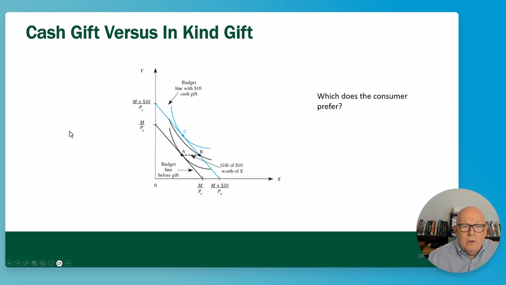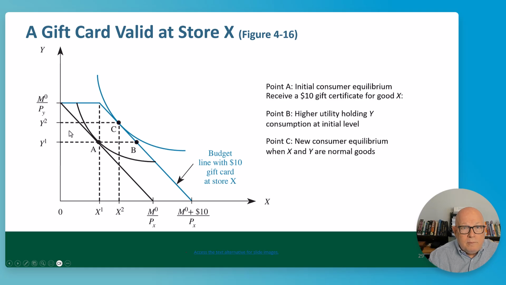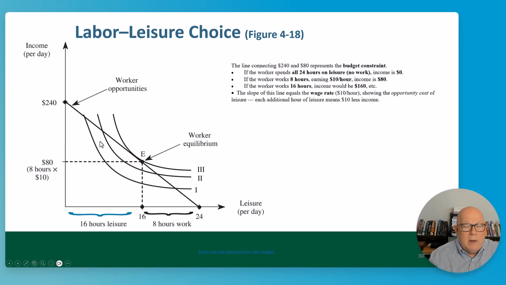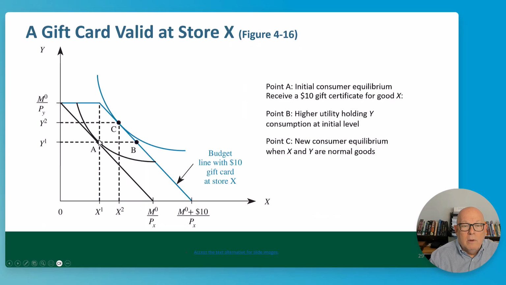On the other hand, we could offer them a gift card, but they have to use the gift card at our particular store. If we're going to offer them the gift card, then we're going to shift the budget line from this black budget line out to here, and the slope is going to be the same.